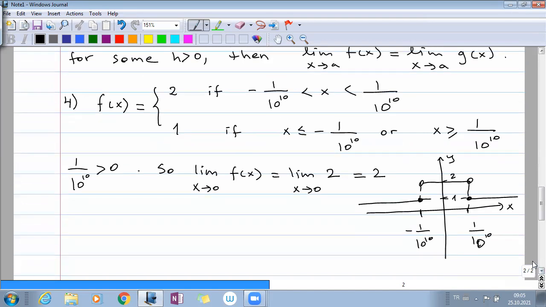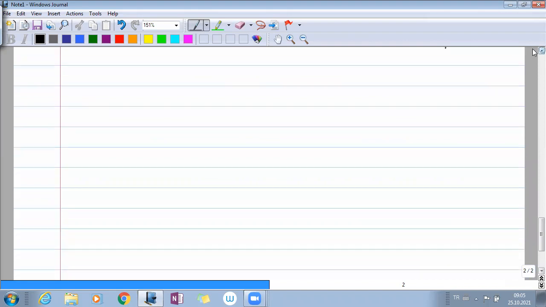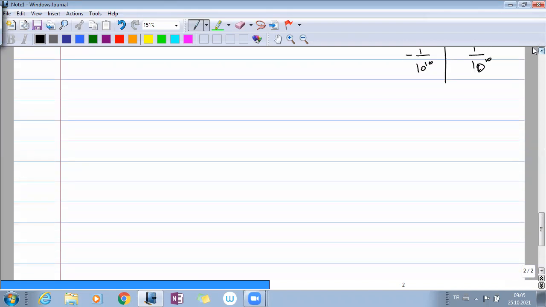All right, now before we consider other examples, let me give you the properties of limits as a theorem. I prefer the word property because the book says limit rules.